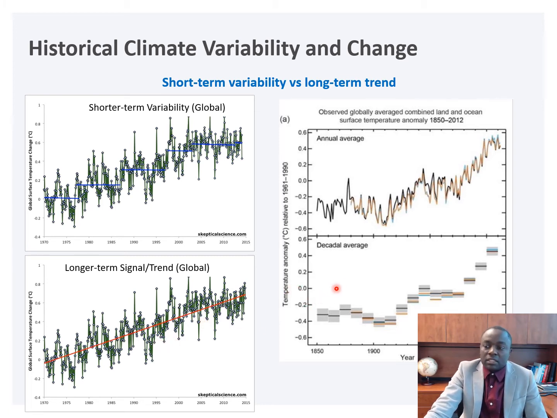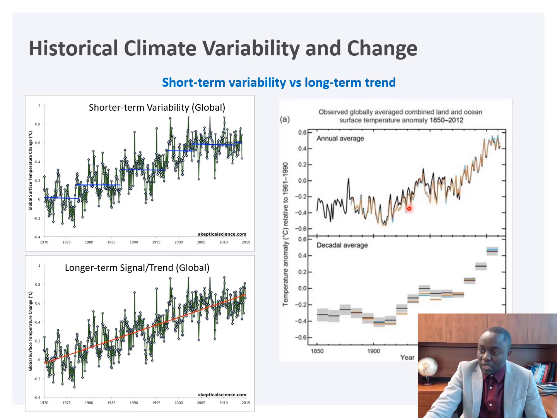For example, this figure shows annual mean temperature data plotted over time. Clearly, the annual temperature is not constant. It varies from year to year. This natural variability will always persist, even if the long-term trend is for annual temperature to increase.